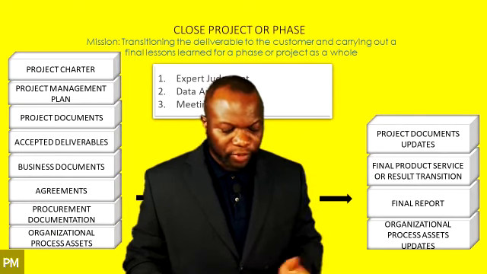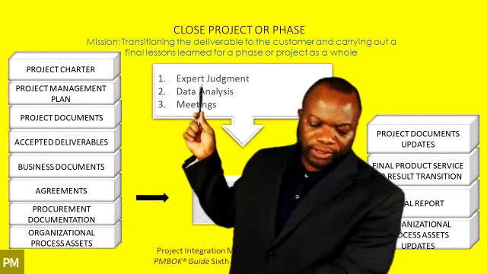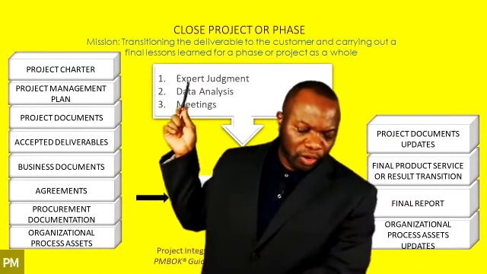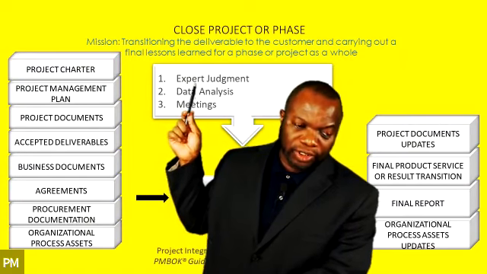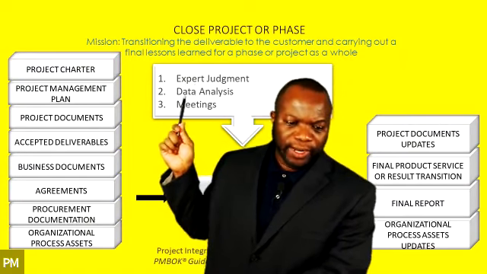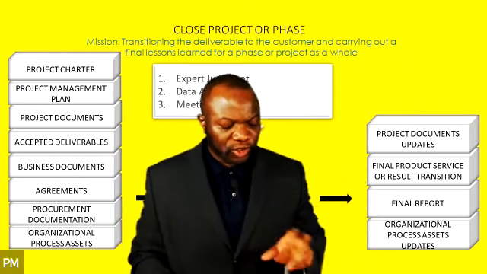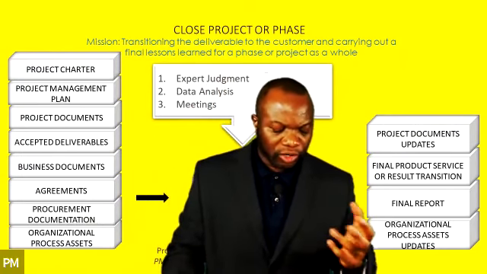So that's pretty much it for the inputs. Let's talk about the tools and techniques. Expert judgment, this refers to management control expertise, audit expertise, legal and procurement, and legislation and regulations. The next thing here, data analysis, has some pretty important stuff that we're going to talk about more in the details. But just remember, it's an analysis of documents.